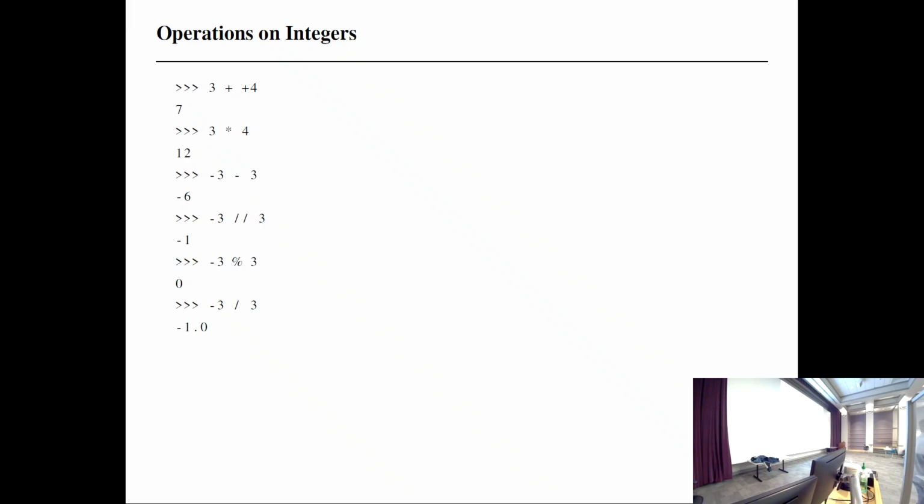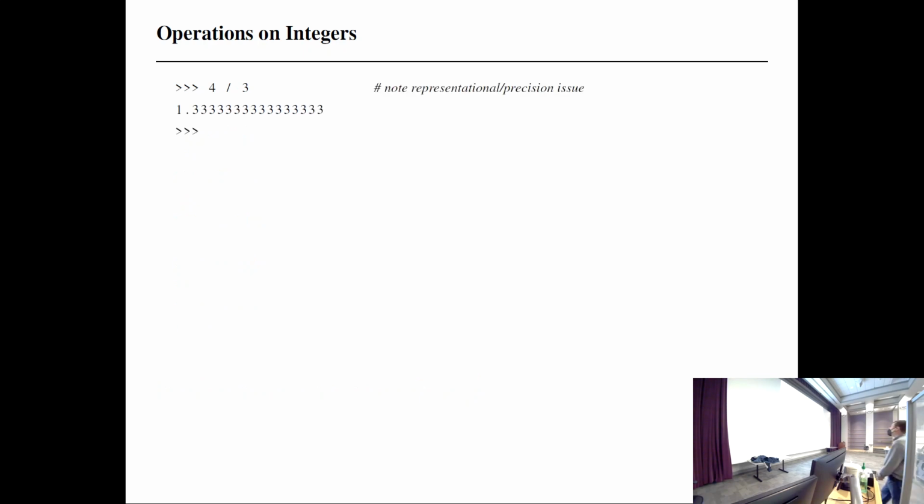So 4 divided by 3 is not going to be 1 unless you do integer division. With floating point division, it'll be 1.33, and so on. So that's not an integer, that's actually floating point. Let's see what this looks like. With 4 divided by 3, we're going to get this 1.3 out to some precision.